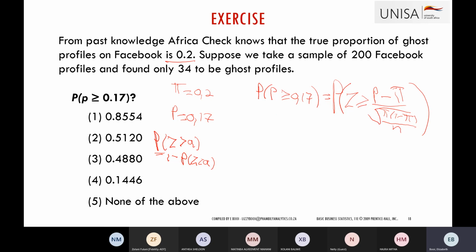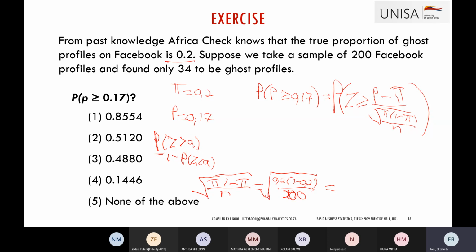And we can go and calculate the standard error outside. We know that it is the square root of the population proportion times 1 minus the population proportion, divided by n, where our population proportion was 0.2, 1 minus 0.2, divided by n, which is 200.